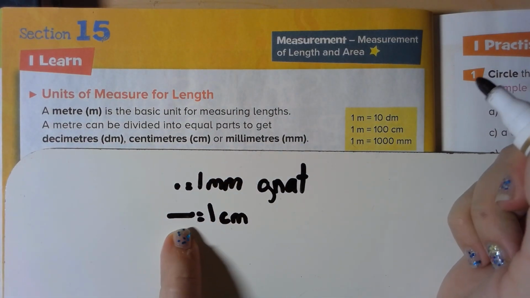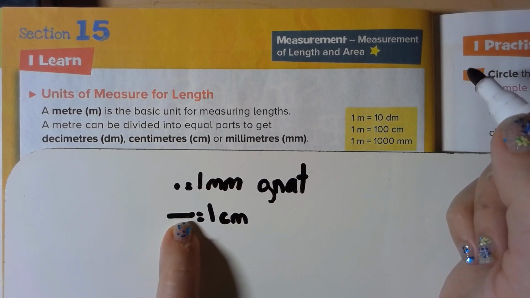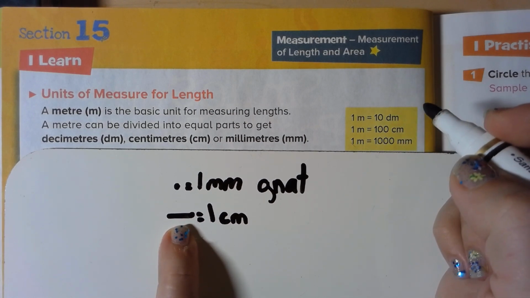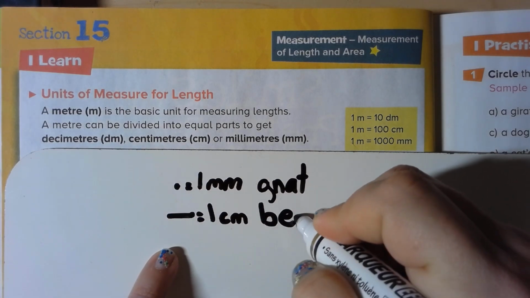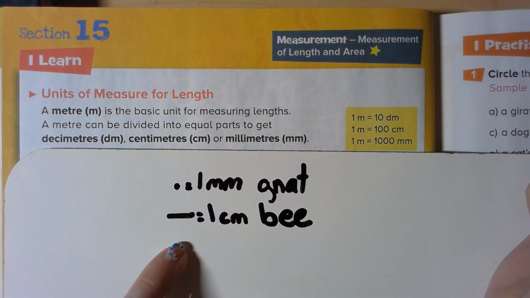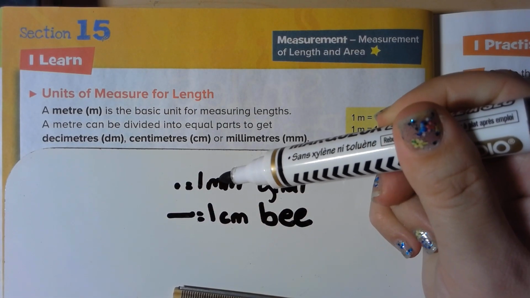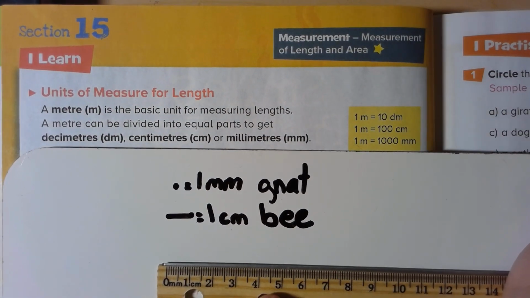So the distance of 1 centimeter as an animal, like a pretty big ant. I think I've seen an ant that big. Or a bee. That's a great idea. A bee is about the length of 1 centimeter. It takes 10 millimeters to equal 1 centimeter.